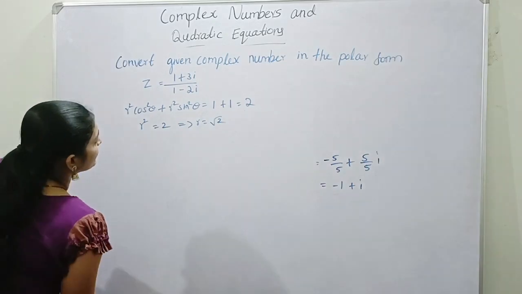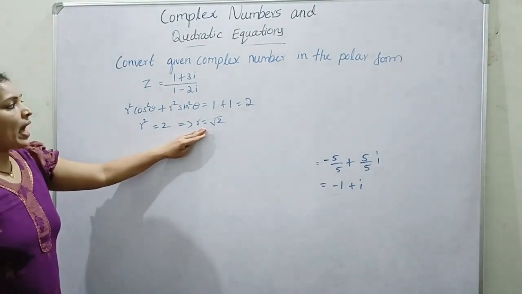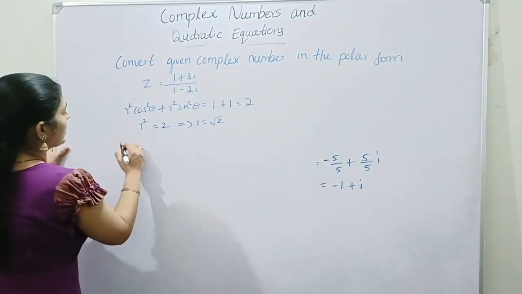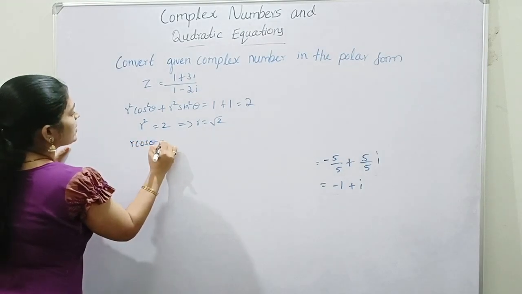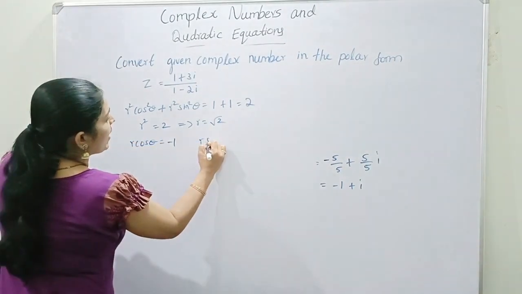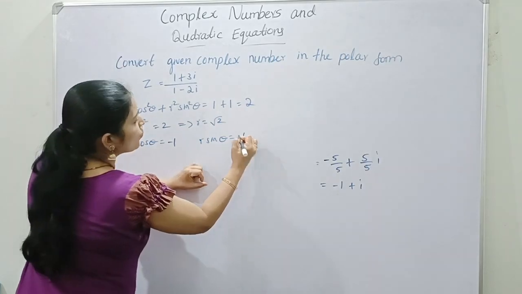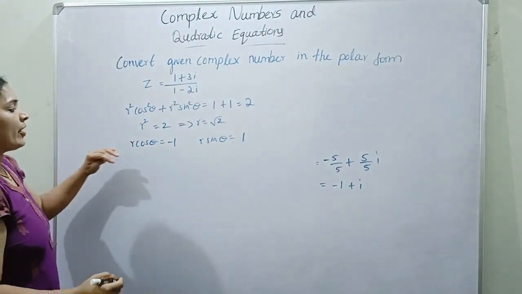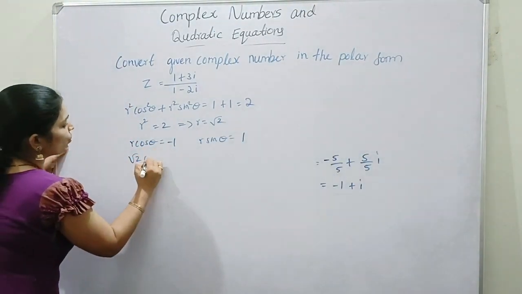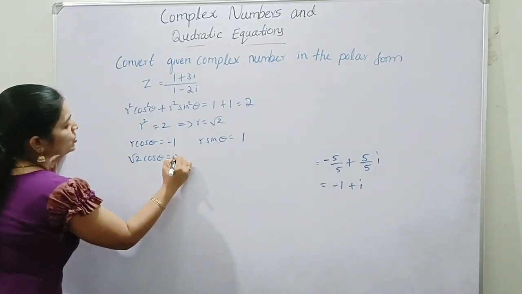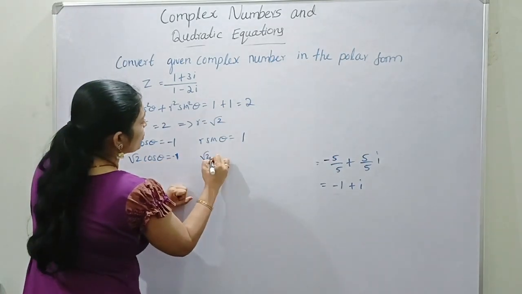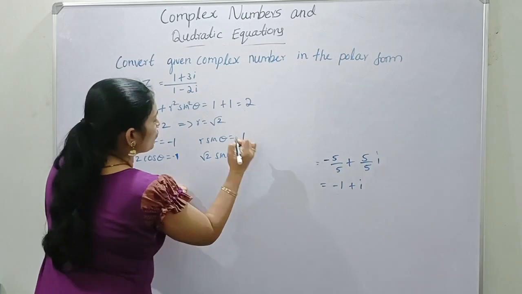So for that we substitute the r value in r cos θ = -1 and r sin θ = 1. So √2 cos θ = -1 and √2 sin θ = 1.